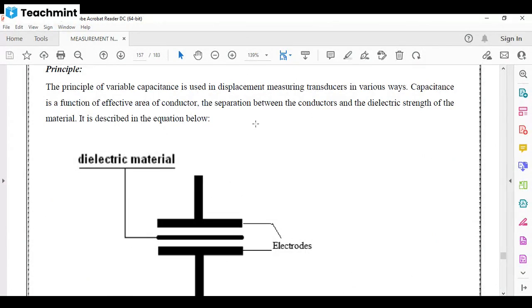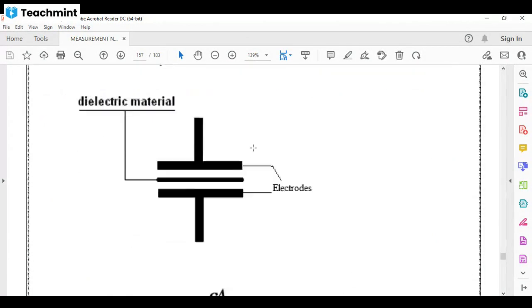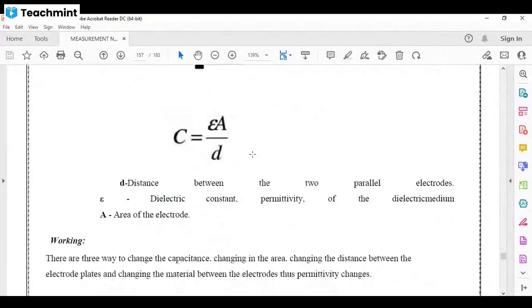We can change the dielectric constant, change the position of the two electrodes, change the area, change the distance between the electrode plates, or change the material between the electrodes, so the permittivity also changes.